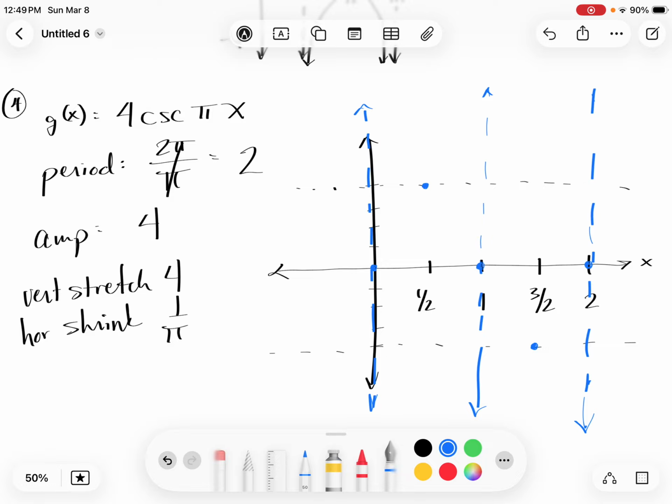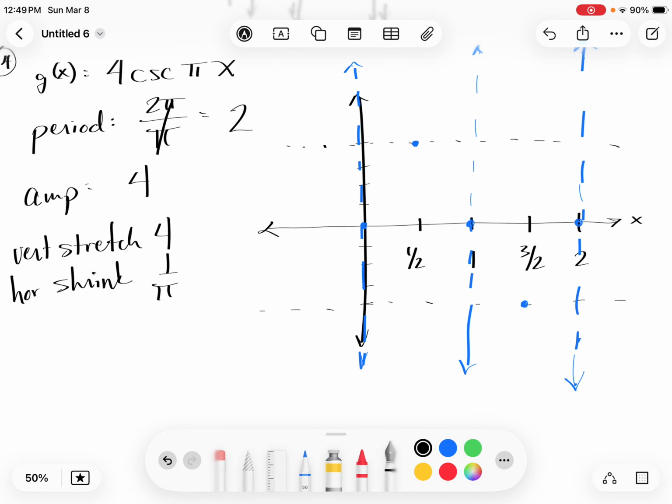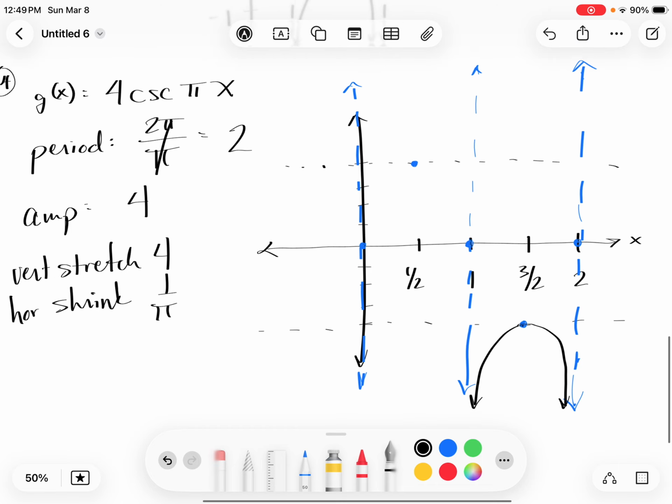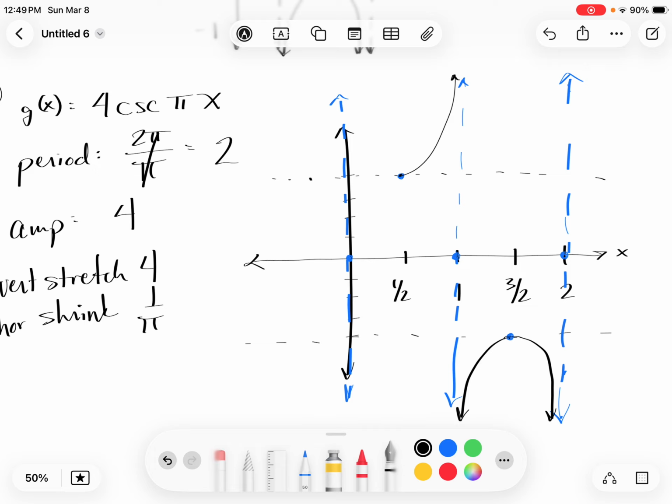Those are your vertical asymptotes. Then your parabolas are any time it hit the amp. So this goes there, and that goes that way. So that's number 4.